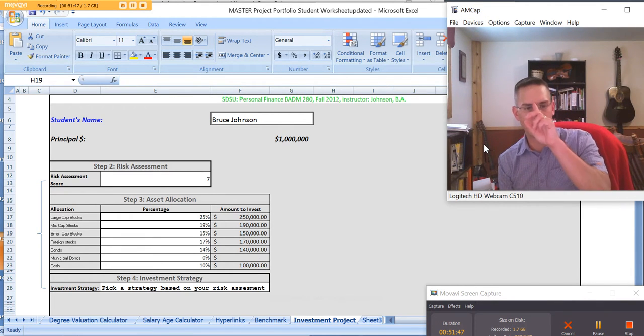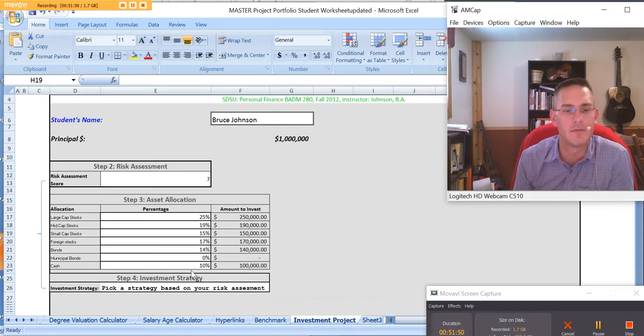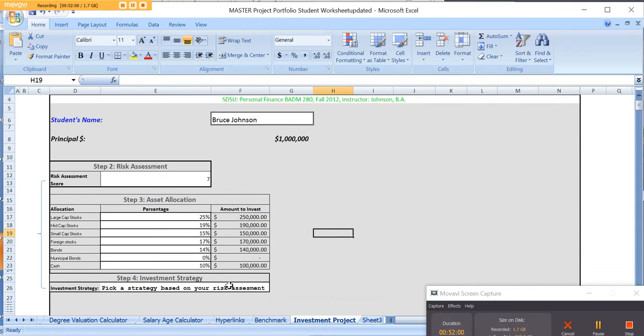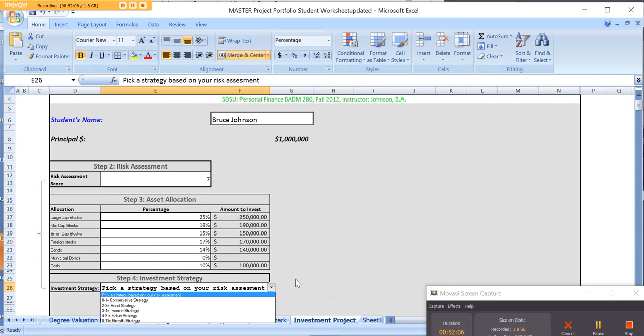And the next step is we have to pick an investing strategy, and we'll pick this based on our risk assessment up here. Okay, so I had a score of 7, and when I go into this drop down box, I have 5 different options, or investment strategies, to pick.